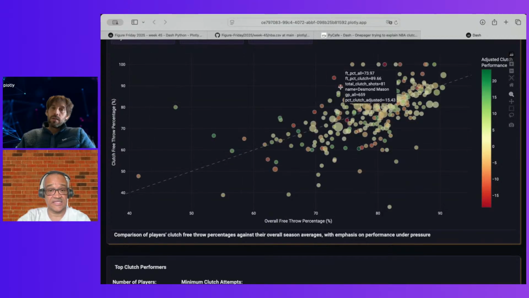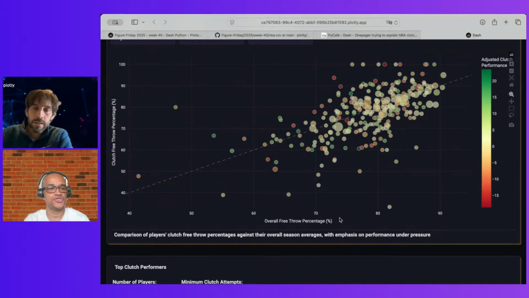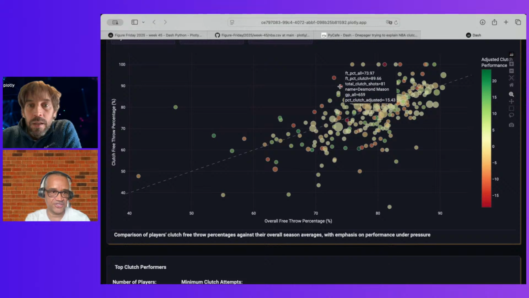Exactly. At first, it's a matter of, for instance, how many shots the player takes.